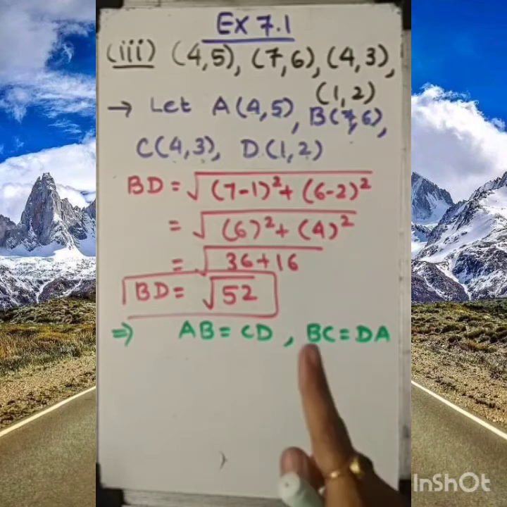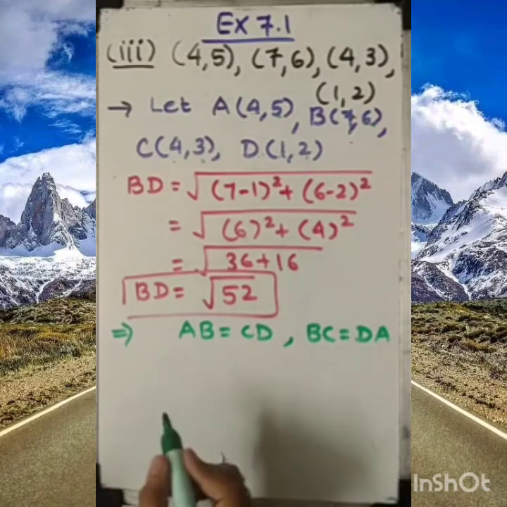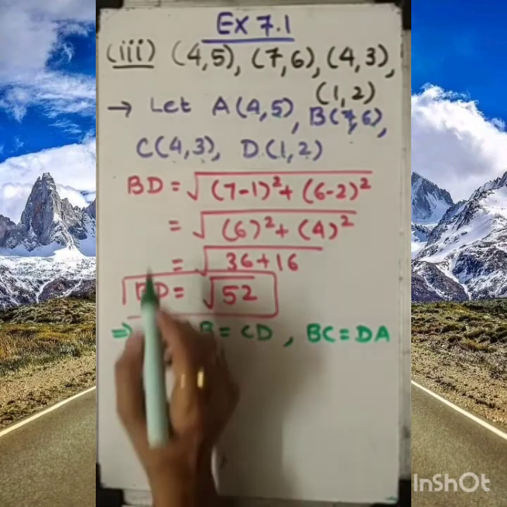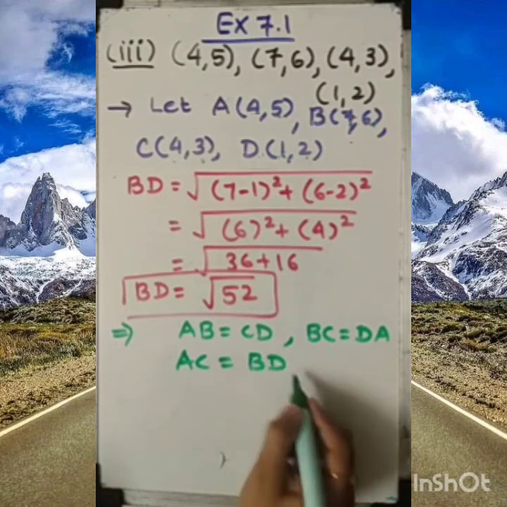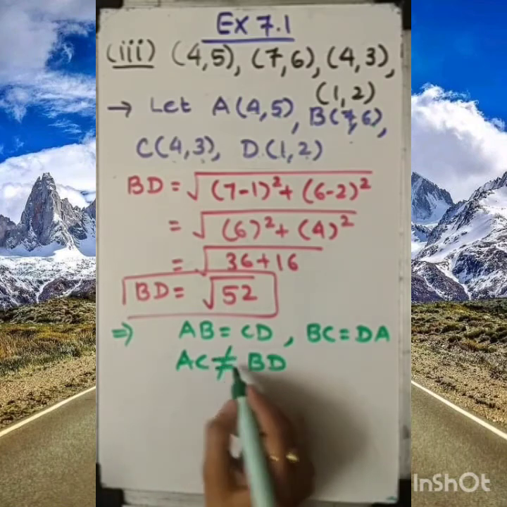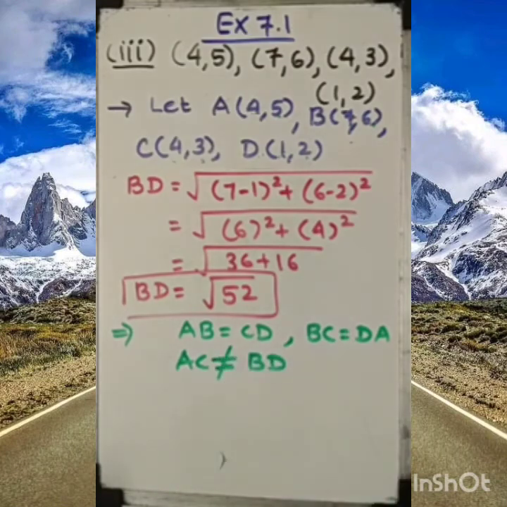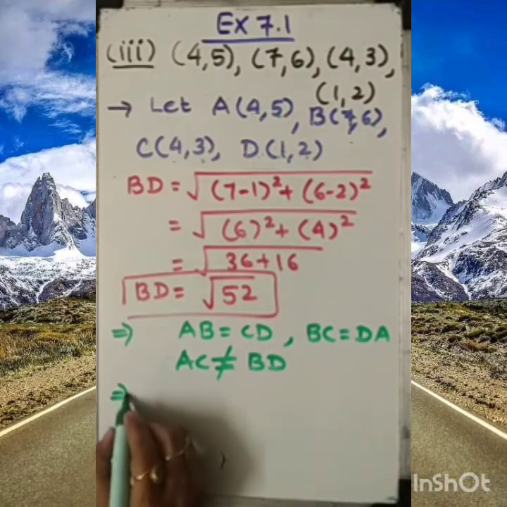As we know that the diagonals of a rectangle are equal. So, dear student, here you can see the condition of diagonals AC and BD. Are they similar? No, both the diagonal measurements are not similar. So one more result with us. Therefore, we come to the conclusion.